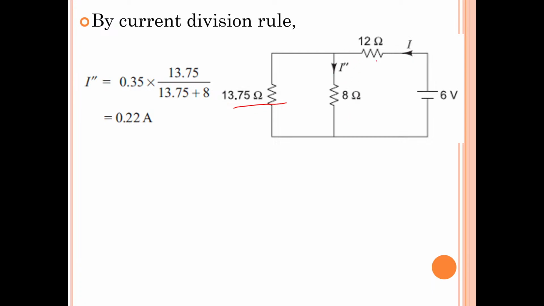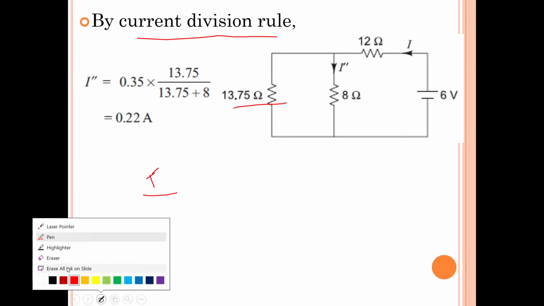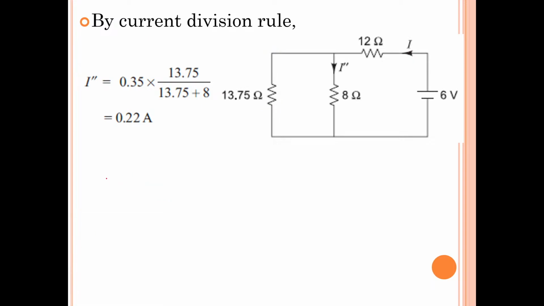I want to determine I double dash, and I know the I value now. So by the current division rule, what is I double dash equal to?